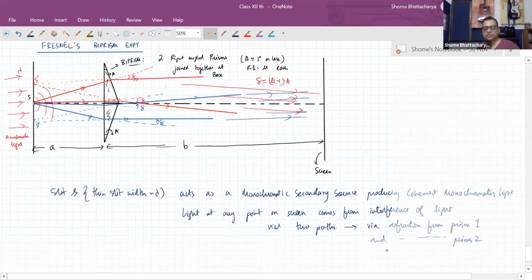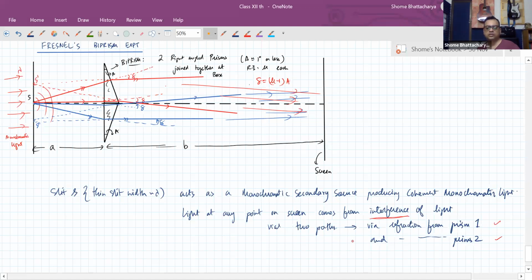So this is happening: interference of light from prism 1 and prism 2. So S prime and S double prime become two virtual coherent monochromatic sources.